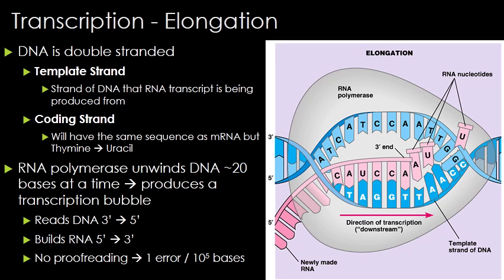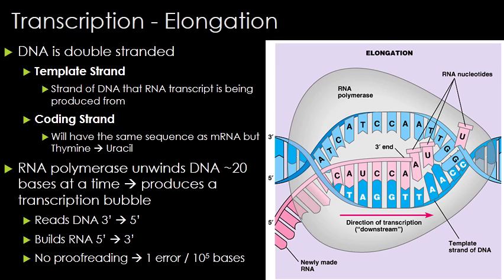The side that it is not copying is going to have the same sequence as the RNA that is produced because the RNA is forming in a complementary way. The only major difference is that everywhere a thymine would have been, you will now see a uracil. So the coding strand, or the strand that's not being copied, will be exactly the same as the mRNA, except T will be U.